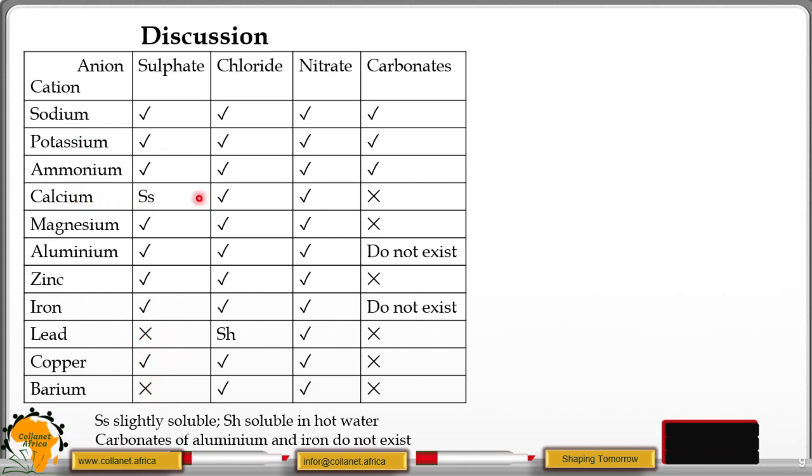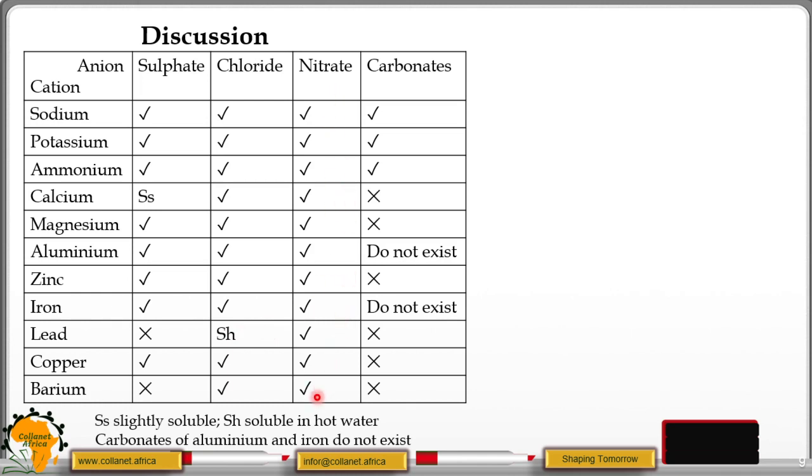Calcium sulfate, however, is slightly soluble, that's why you have an SS. If you look at the chlorides, all chlorides are soluble except for lead, and for the lead you have SH, which means it is not soluble in cold water, but it is soluble in hot water. It can only dissolve in hot water.